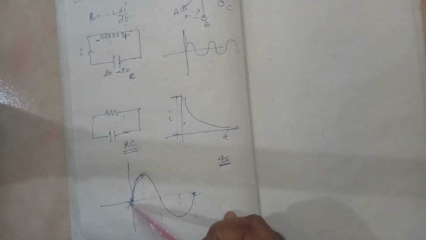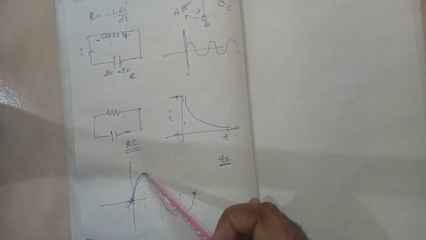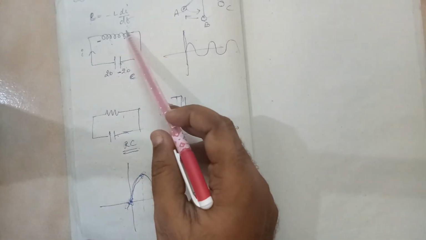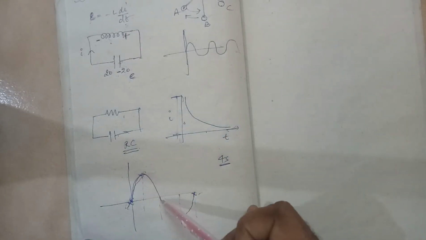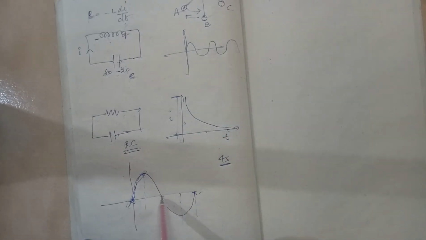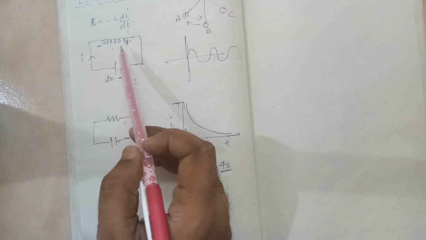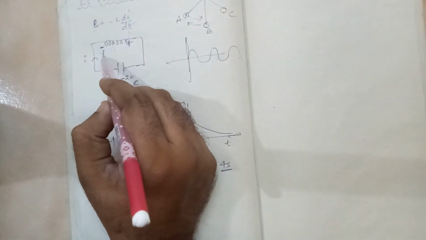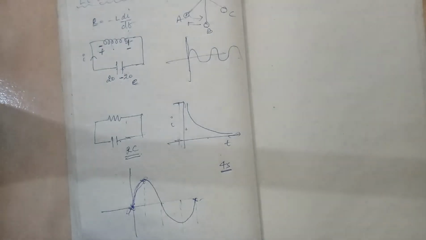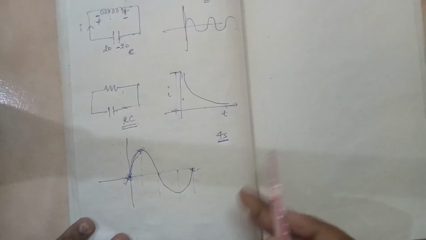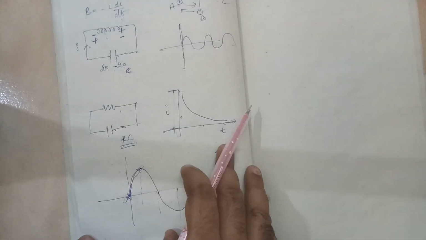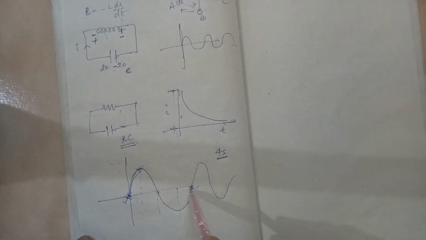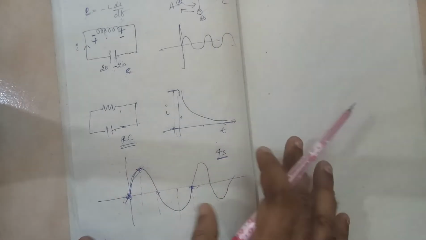So there is a rise in the first 1/4, the charge from the capacitor to the inductor, then there is a drop, half the cycle is completed, then there is a reversal of polarity. So this will become plus and this will become minus, let us say. So the same thing happens in the reverse direction, and this cycle keeps on continuing.